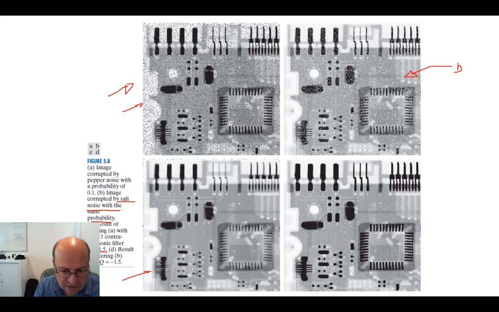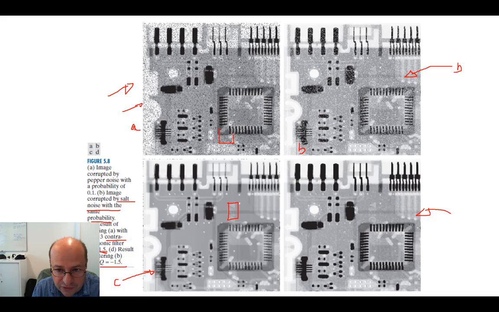This image C is the result of filtering A with a contraharmonic filter of Q equal to 1.5, and this is the result of filtering B with a contraharmonic filter with Q minus 1.5.